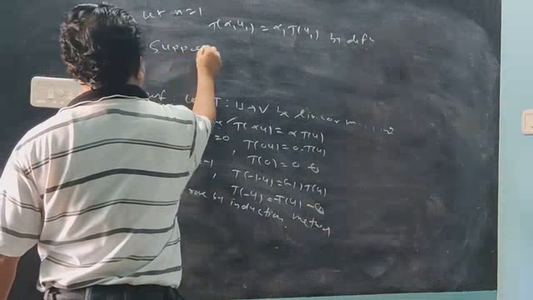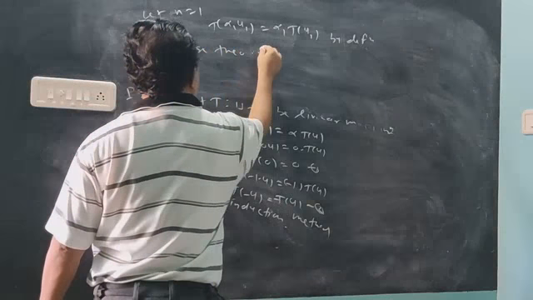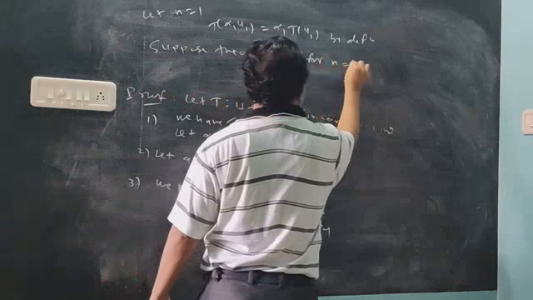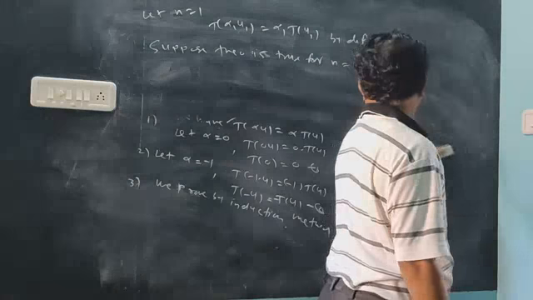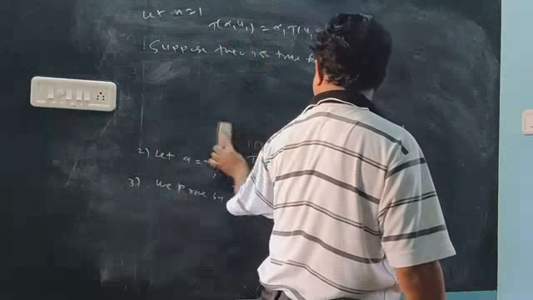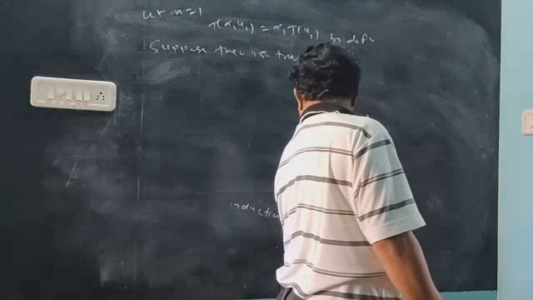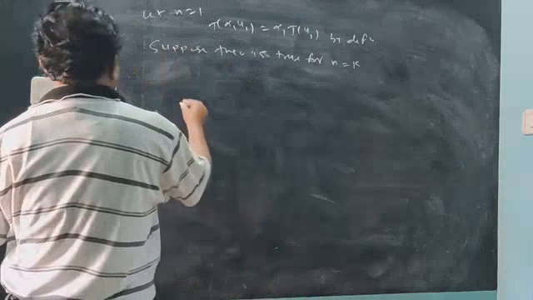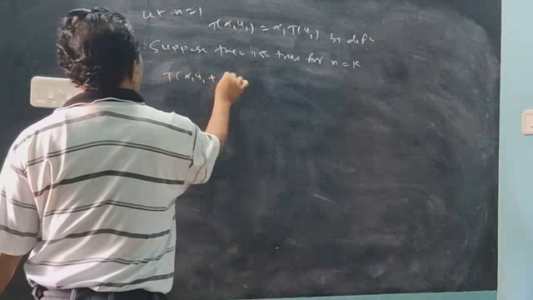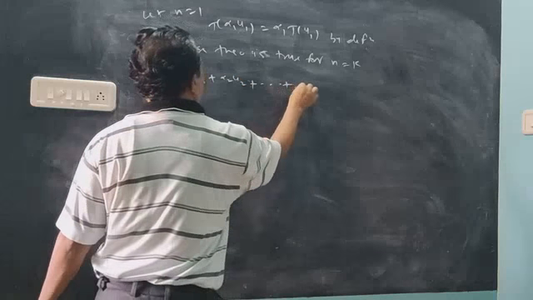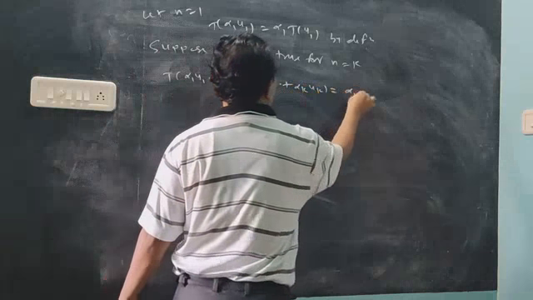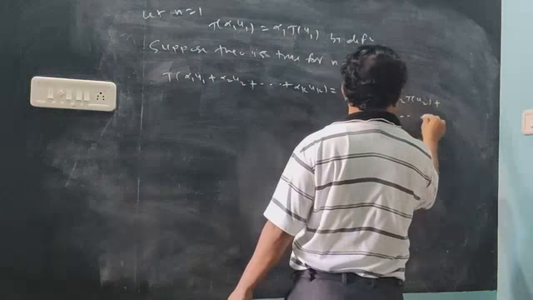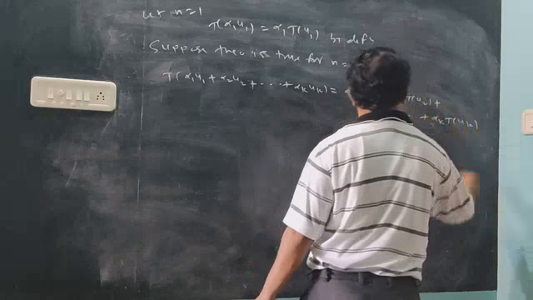Now suppose the theorem is true for n equal to k, some k. That means T of alpha 1 u1 plus alpha 2 u2 up to alpha k uk equals alpha 1 outside T of u1, alpha 2 outside T of u2, in this way alpha k outside T of uk.